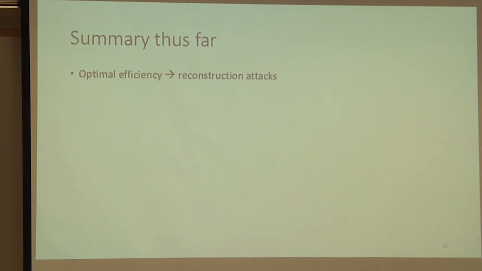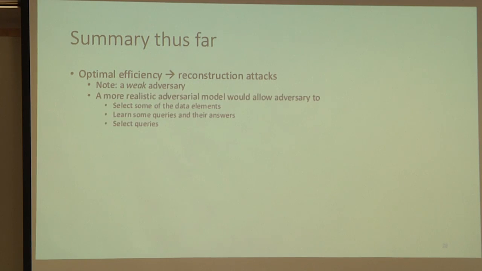So far, we've seen that if we are optimally efficient, if we return the exact number of records for each query, we can have reconstruction attacks, even for weak adversaries, and even using just the communication volume. In real-life scenarios, an adversary would be stronger.